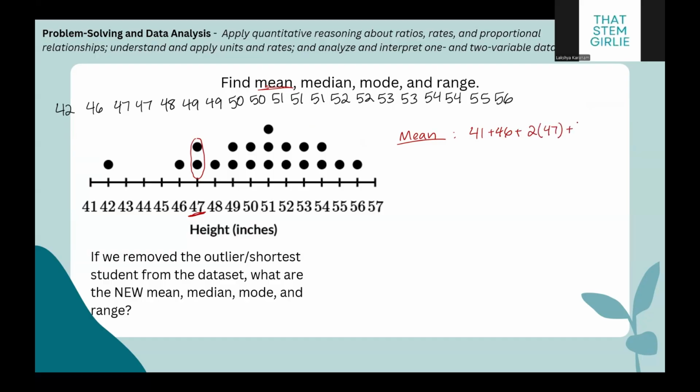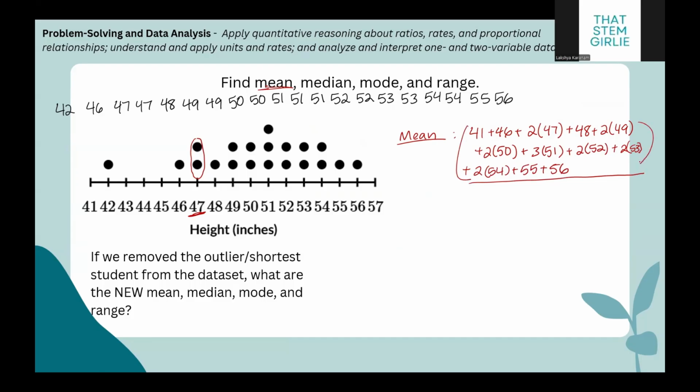Similarly, we have 48, 2 times 49, 2 times 50. I'm just going to continue it down here. And then 3 times 51, 2 times 52, 2 times 53, 2 times 54, 50 plus 55 plus 56. So this whole expression represents the sum of the numbers.